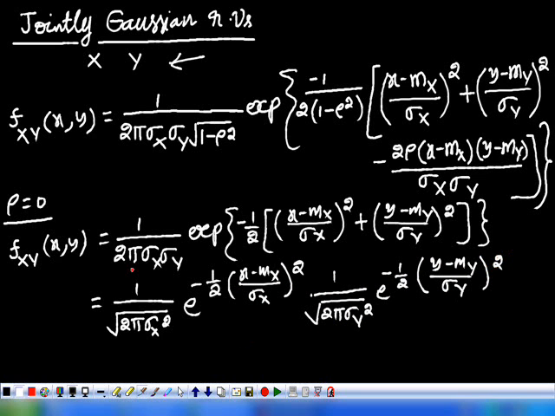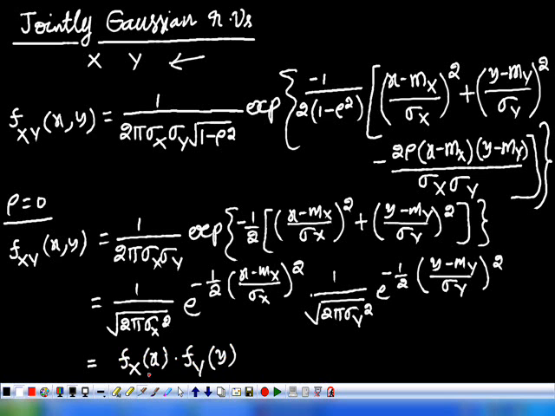We have under root 2 pi into under root 2 pi, that is 2 pi, and under root sigma x square is sigma x, and this is sigma y. Same equation. Now, if you consider the first term, this is fx of x multiplied with fy of y.